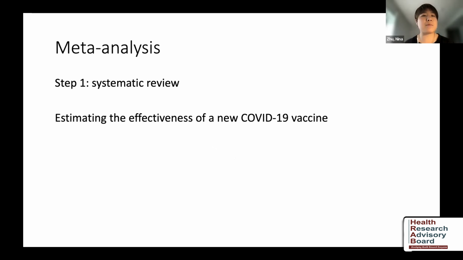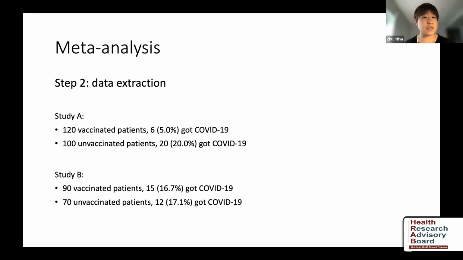So a quick arbitrary example here. Imagine I'm conducting a systematic review to estimate the effectiveness of a new COVID-19 vaccine. First I will search for literature and see how many publications there were describing the effectiveness of this certain new type of COVID-19 vaccine. So I end up with 2 studies.